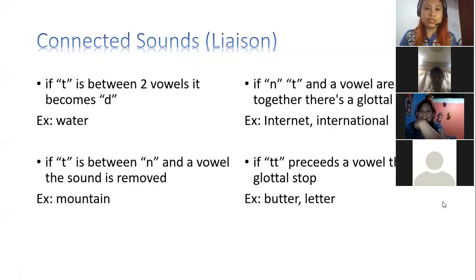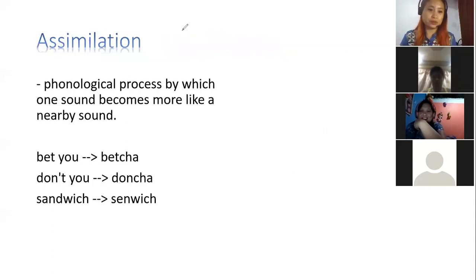Okay, next one is what we call assimilation. What is assimilation, Alejandro? Assimilation: a phonological process by which one sound becomes more like a nearby sound. If you're not a teacher or a professional, it's a little bit difficult to understand.